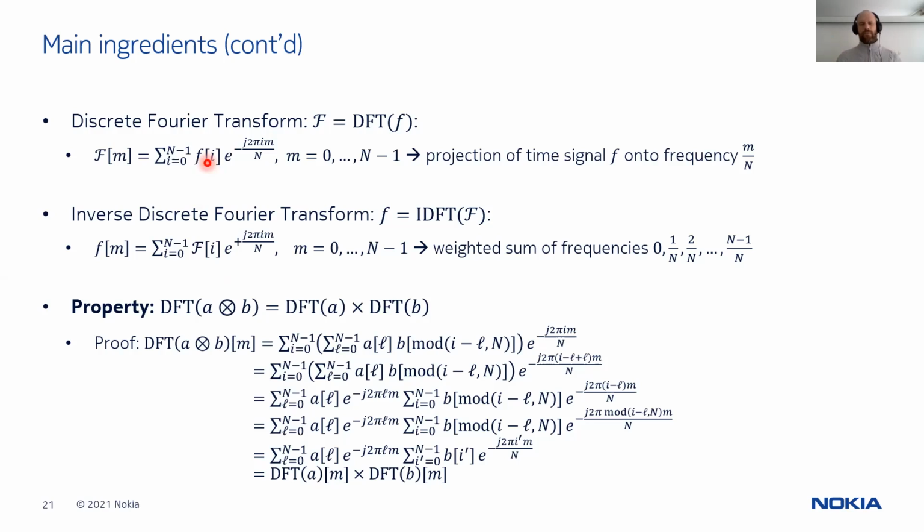If you remember what the Fourier transform is, this is analogous in the sense that frequencies are only allowed to be an integer multiple of 1 over n, where n is the length of the signal.